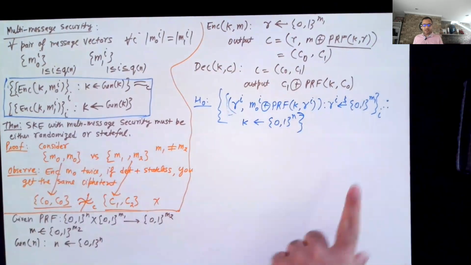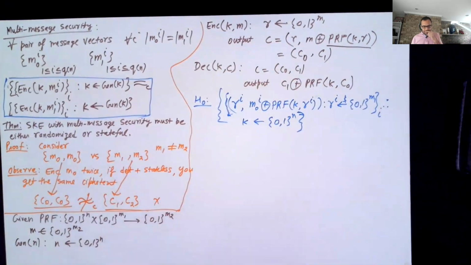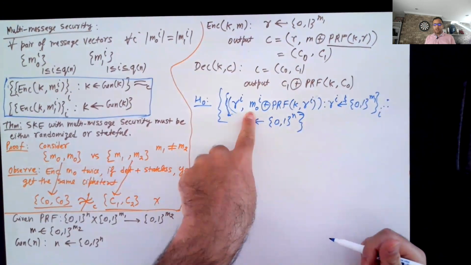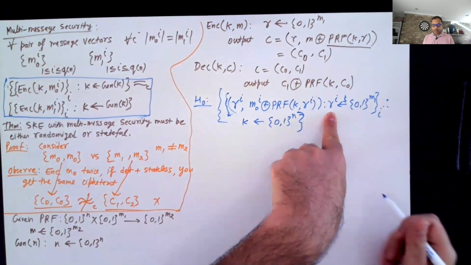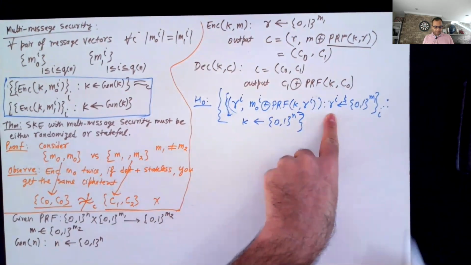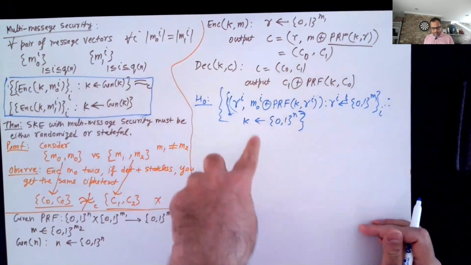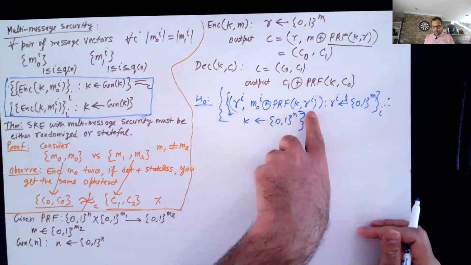Okay, so this is our starting ciphertext distribution. Right? For each message, let's call it M0i, I sample a random number Ri. And the output consists of Ri in clear and then M0i XOR the PRF output on this random number Ri.